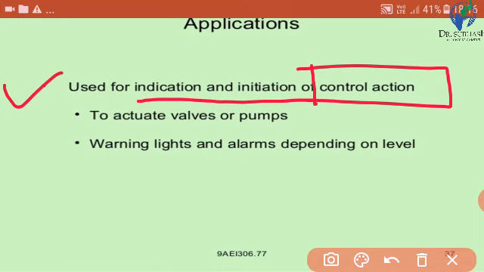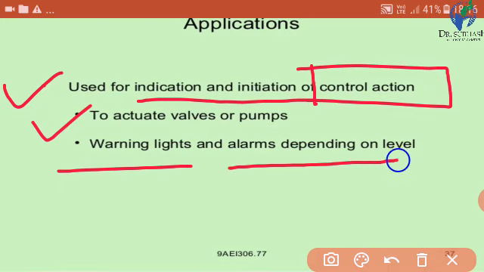To actuate valves or pumps. If the tank is full, then we have to close the valve. So it is also actuated using this control action, and we have already seen the pumps. If the tank is full, then we have to turn off the pump. This action is also completed using this control action. Then warning lights and alarm depending on level.